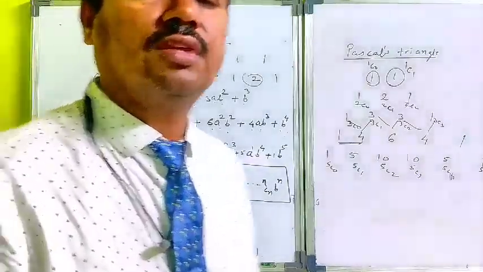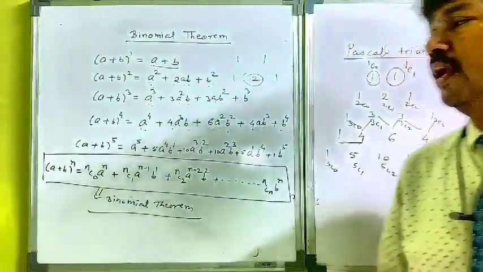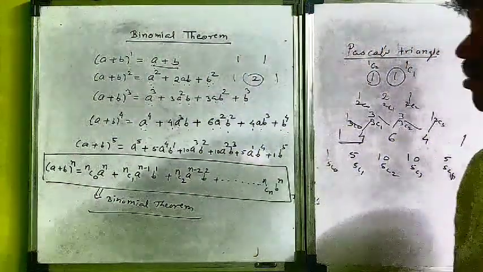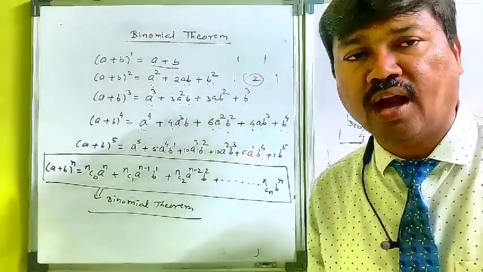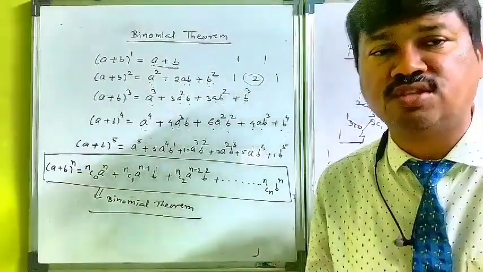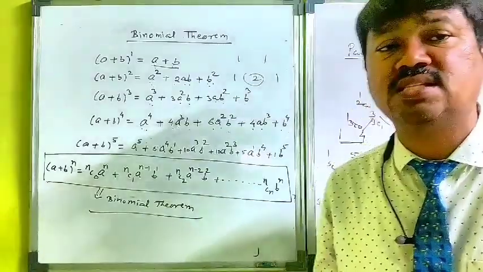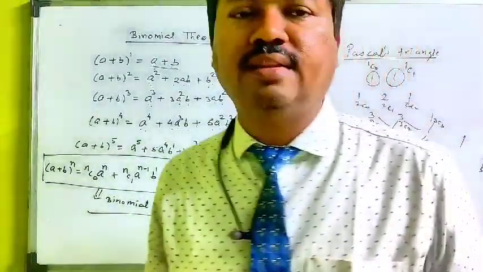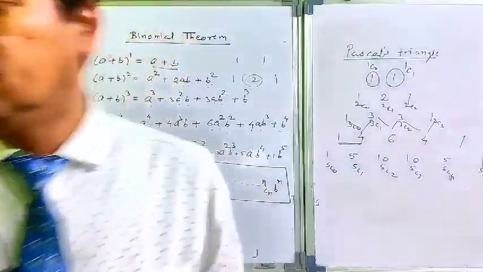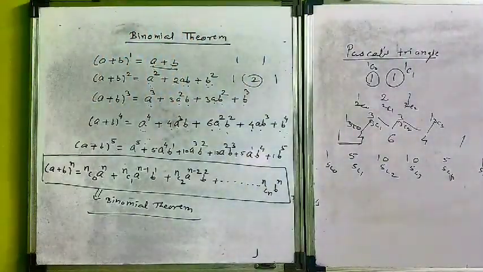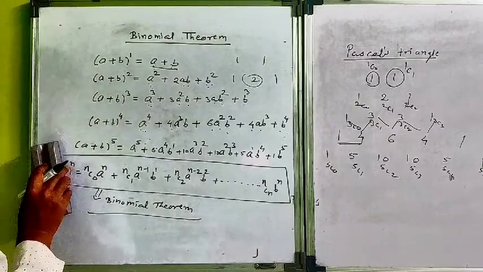It's a very simple concept and a very simple formula, and we should know how to find the coefficients for a higher power. If the power is very large, then we should know how to find the NC0, NC1 and NC2 values. So how do we find those values? We'll go with that.